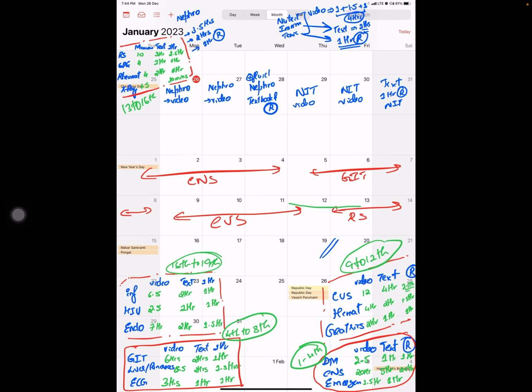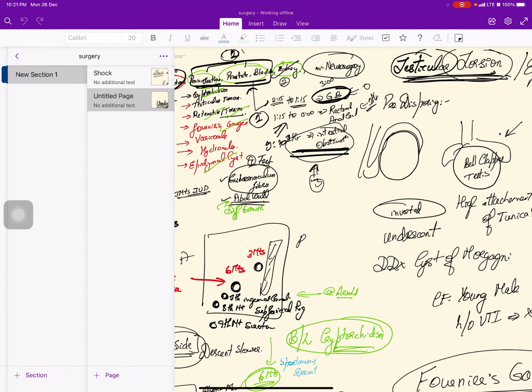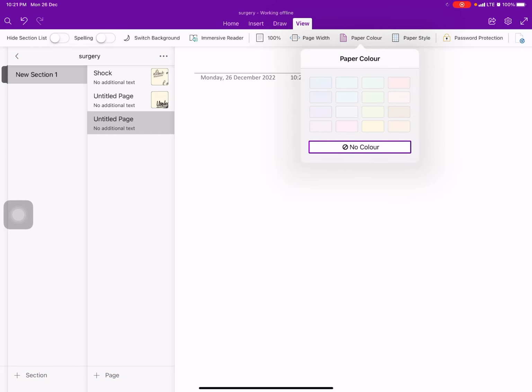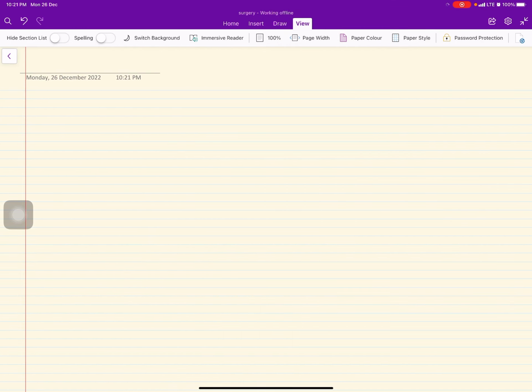So cervical cancer, cervical neoplasia. Let's quickly go through the textbook and the notes.